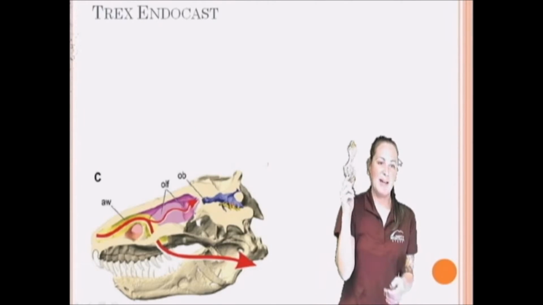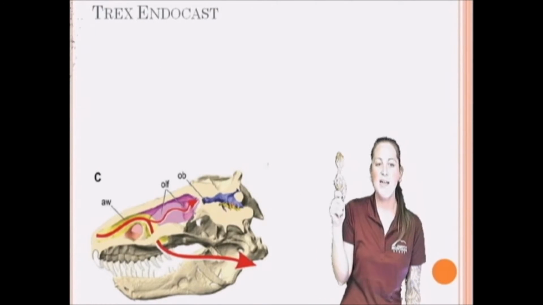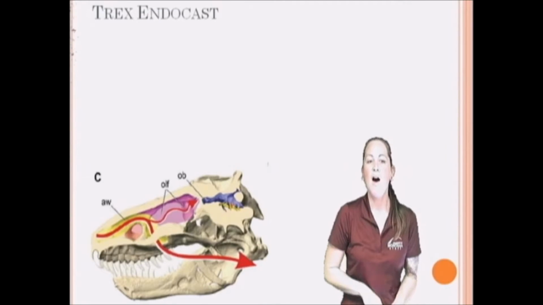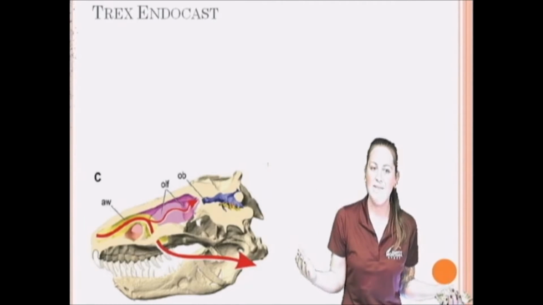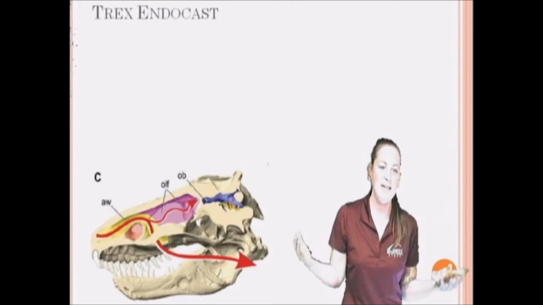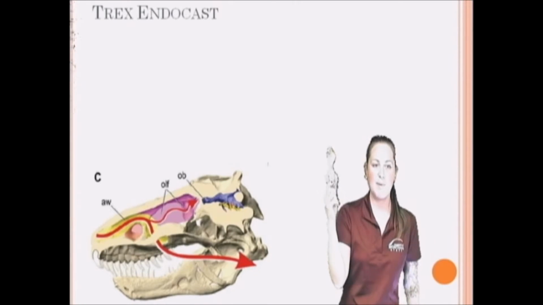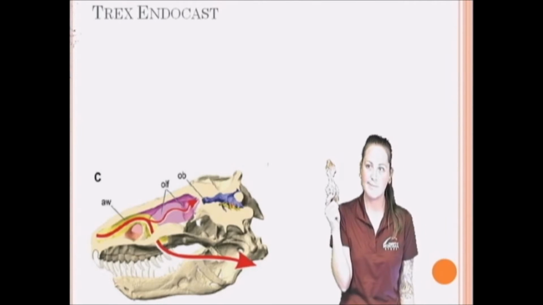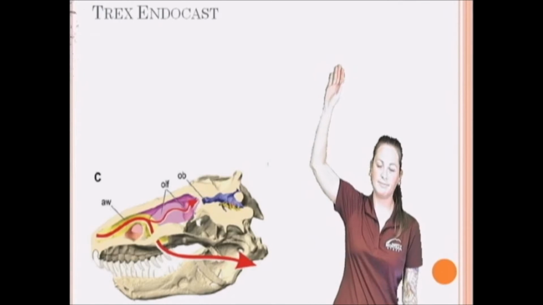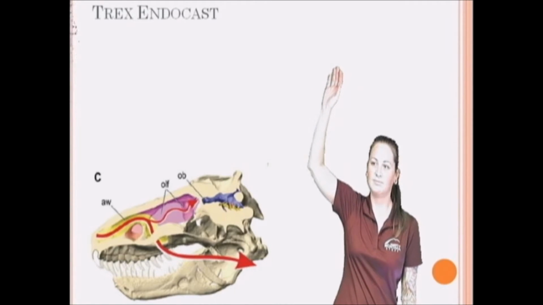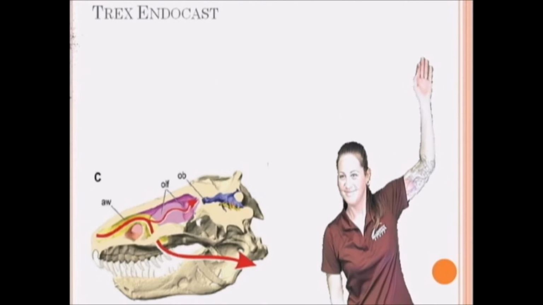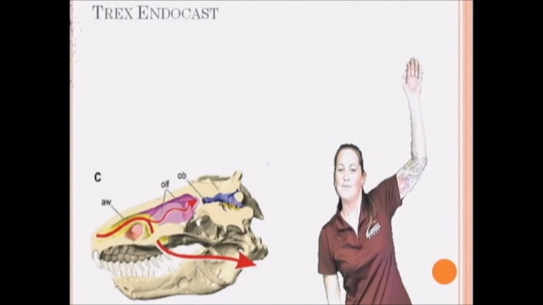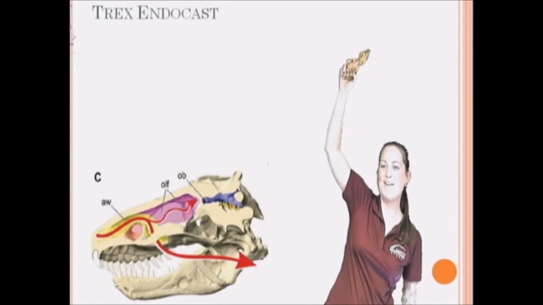So although this brain is small in my hand, if we compared this brain to all other non-avian carnivorous dinosaurs, do you think this would have been a big brain or a small brain? Raise your hand for big. And raise your hand for small. Raise your hand if you didn't raise your hand at all.